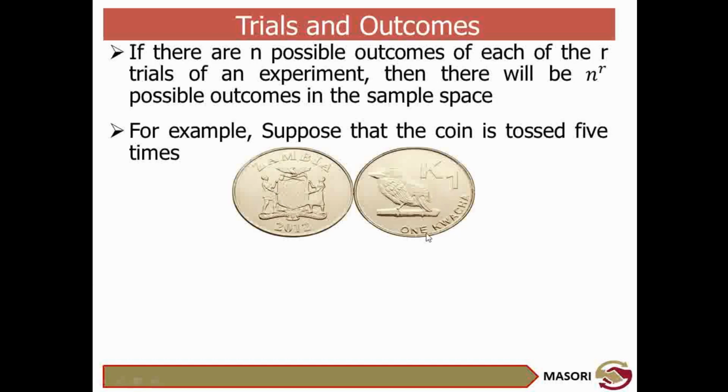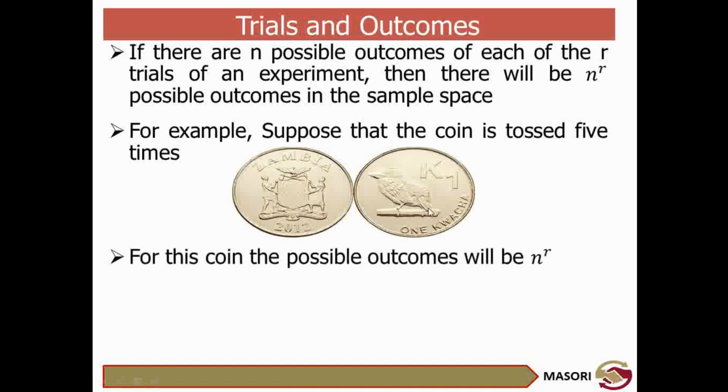So when you toss this coin, there's a 50-50 chance of you observing the coat of arms or observing the bird. So now, for this coin, the possible outcomes will be n to the power r, where r is the number of trials or the number of times that you are tossing this coin, and n is the number of possible outcomes that you can observe on each individual trial.